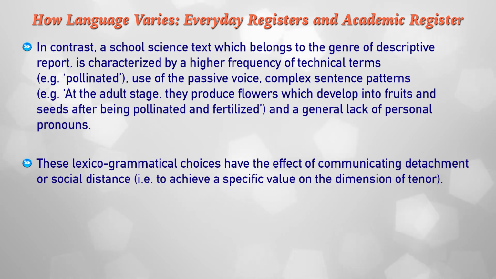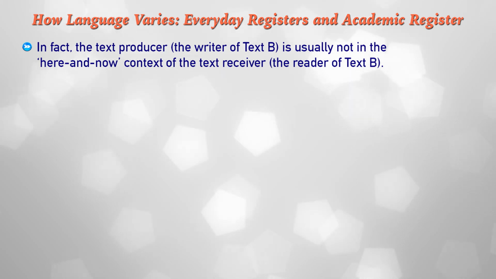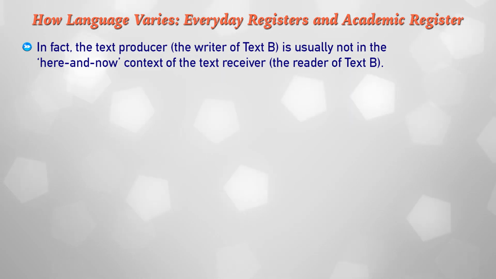These lexico-grammatical choices have the effect of communicating detachment or social distance, that is, to achieve a specific value on the dimension of tenor. In fact, the text producer, the writer of text B, is usually not in the here and now context of the text receiver, the reader of text B.